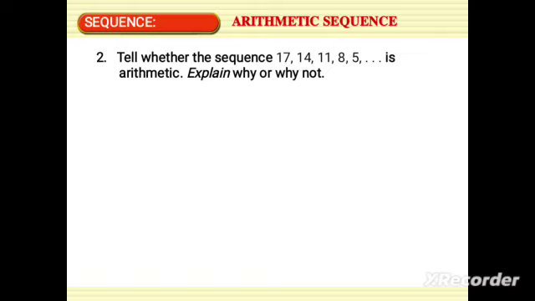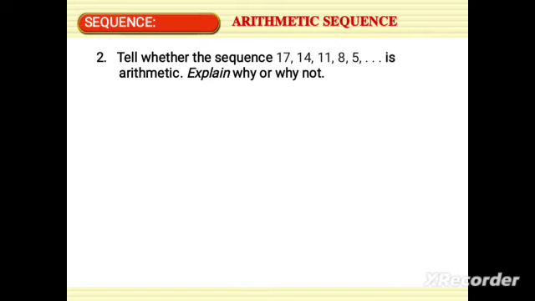Number 2, tell whether the sequence 17, 14, 11, 8 and 5 is arithmetic. We still use the same process where we need to explain why or why not the sequence is arithmetic.